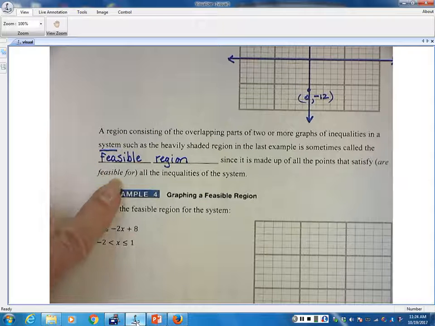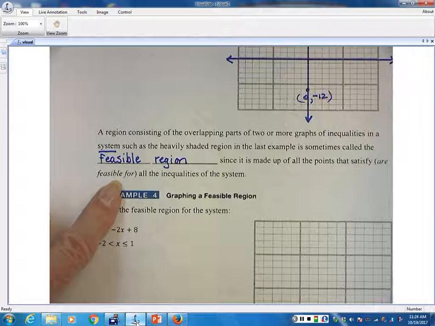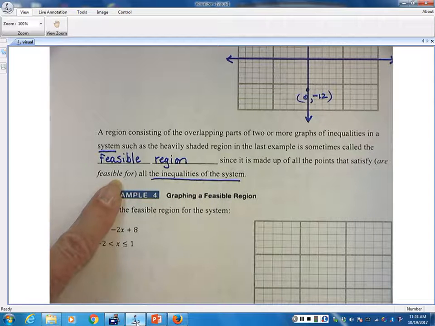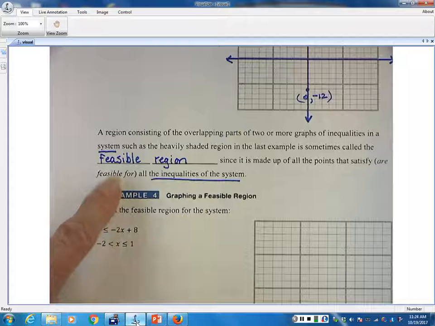And the reason it's called that is because it's made up of all the points that satisfy, or are feasible for, all the inequalities of the system. So that's what a feasible region is.